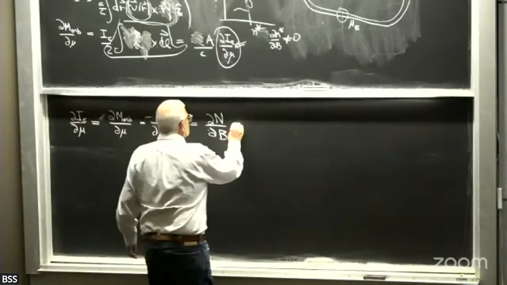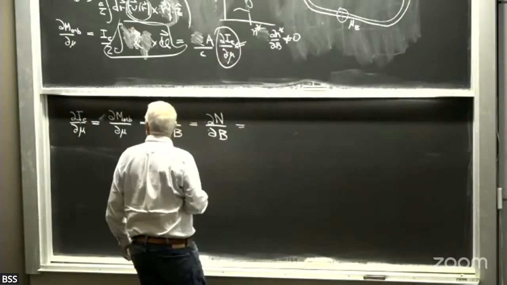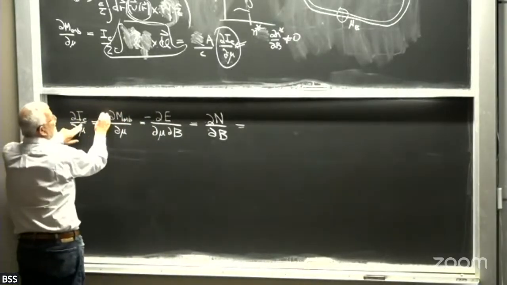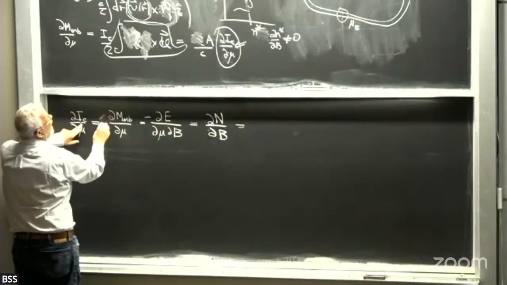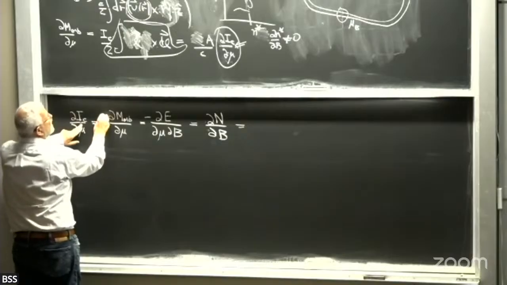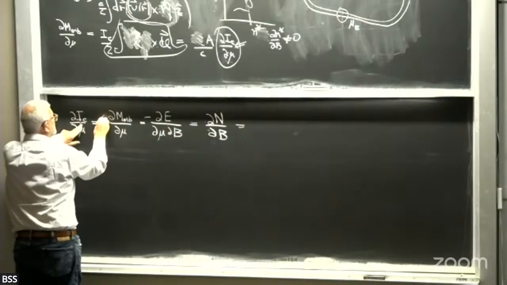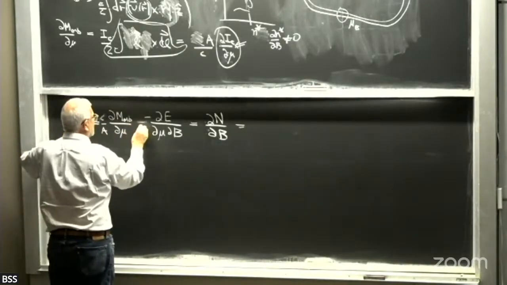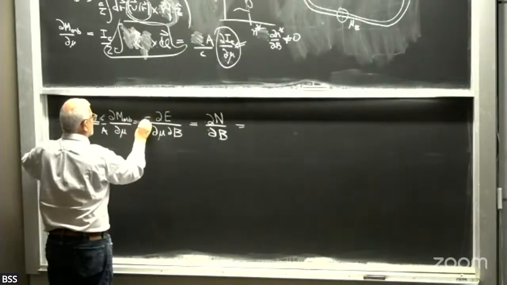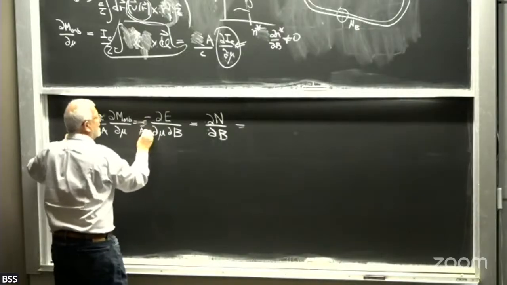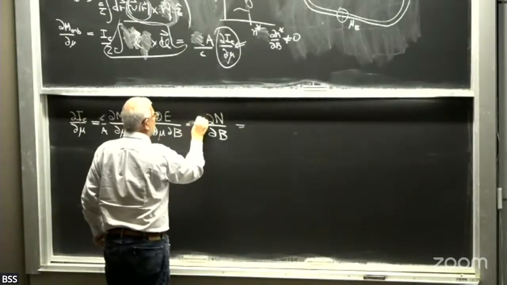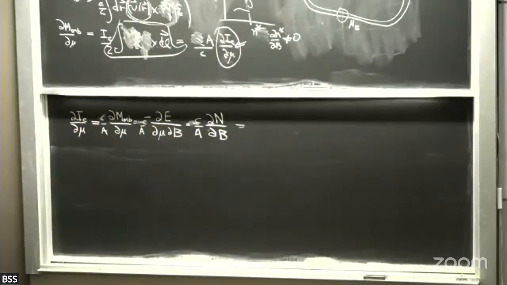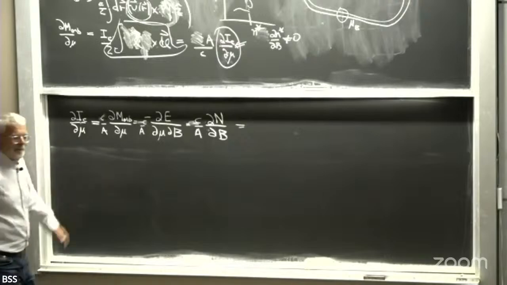So let me calculate this thing, and I forgot to put these other factors here. C over A. So we know dN/dB for a Landau level.